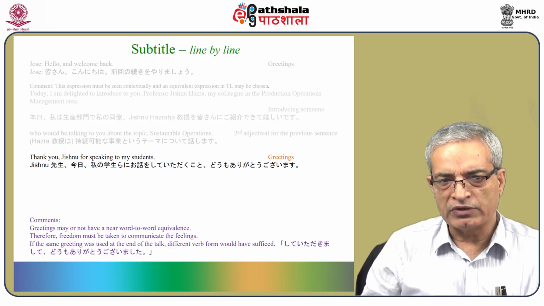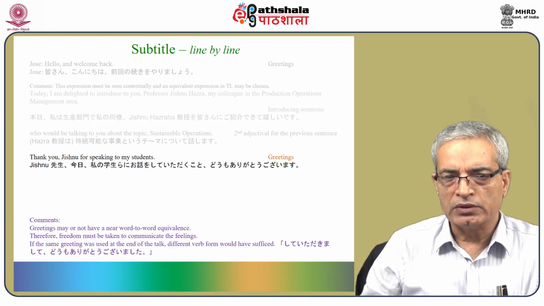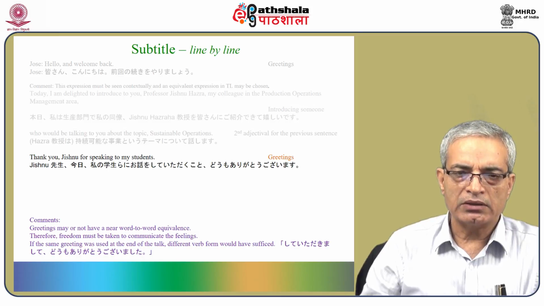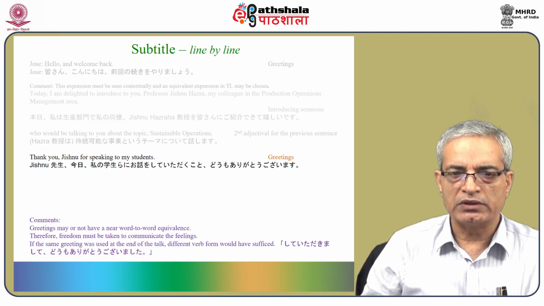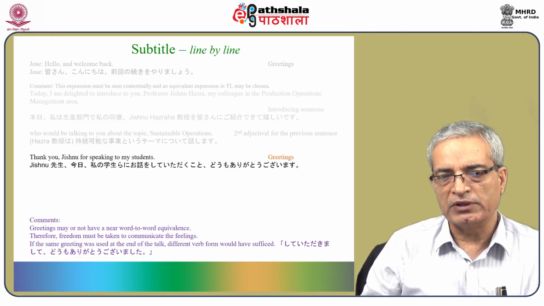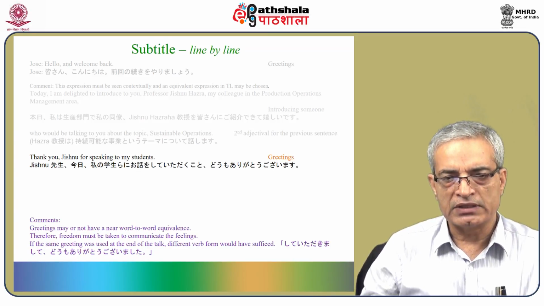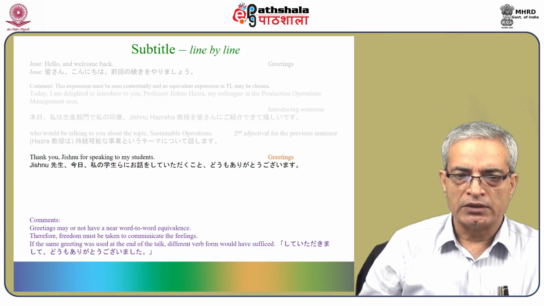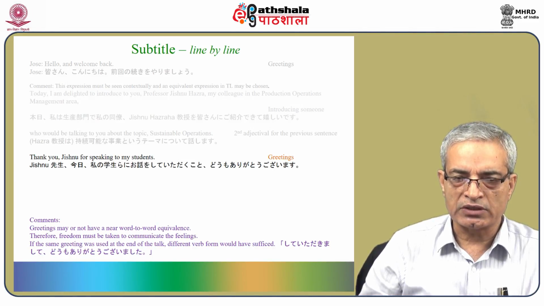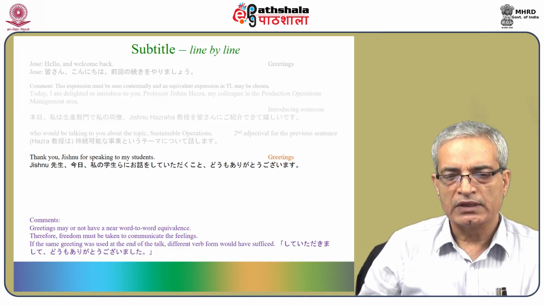Now this we have done, we have talked earlier also. So greetings may or may not have a word-to-word equivalence. That means you will probably have to pick up an equivalence from the target language, the way it is said in the target language. Therefore, freedom must be taken to communicate the feelings which are provided in the greeting.